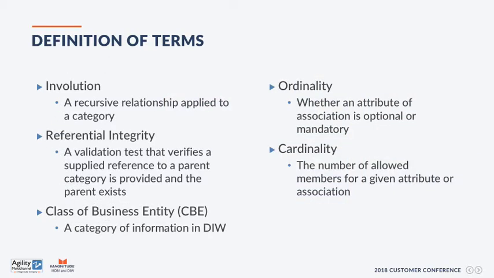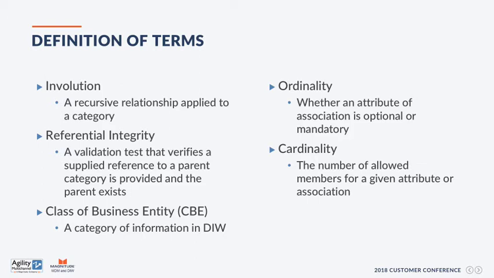There are a couple of terms that are specific to the discussion, so let's talk about this a bit. First definition of terms is involution. An involution is basically just a recursive relationship that's applied to a category. As you see, it's how we manage things like ragged hierarchy.